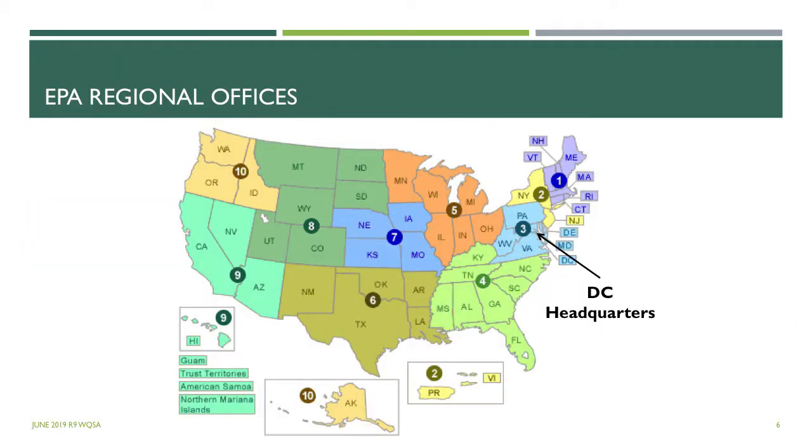The EPA also has 10 regional offices, and each region is divided up by geographic location. So we're obviously in Region 9. The DC headquarters happens to be in Region 3. And we'll talk in a few minutes about what the role is of the regions versus EPA headquarters.